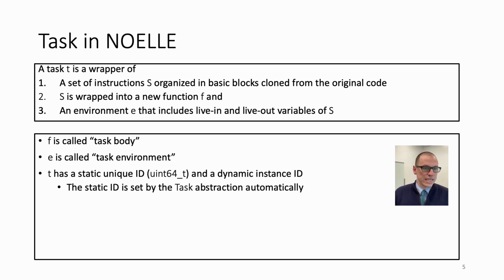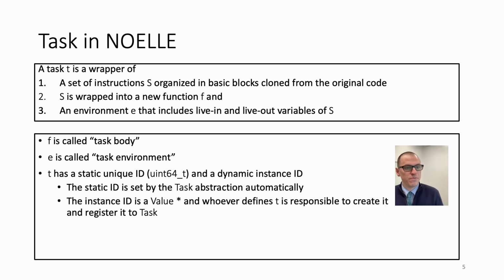The static ID is set by the task abstraction automatically, and instead the instance ID is a value pointer, and whoever is the designer of a given task is the one responsible to create this value pointer and to register it to the task abstraction.